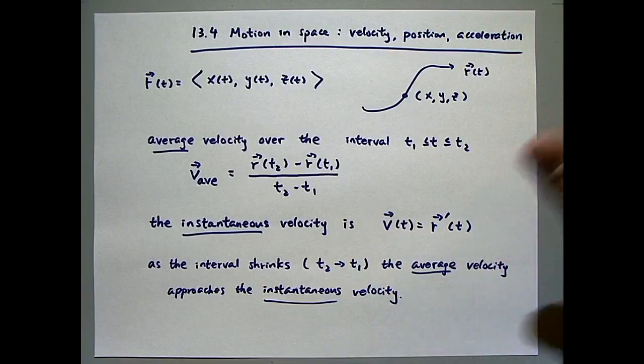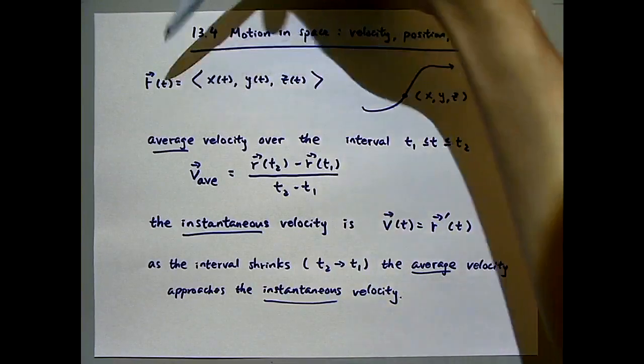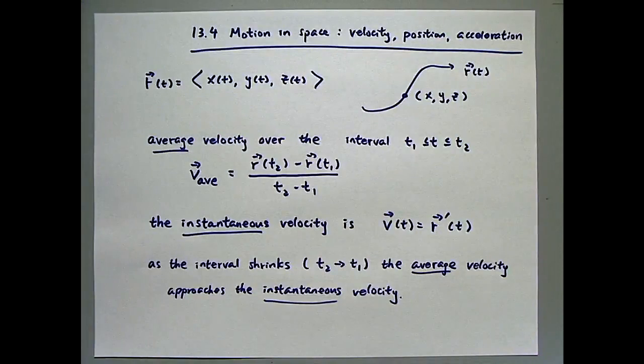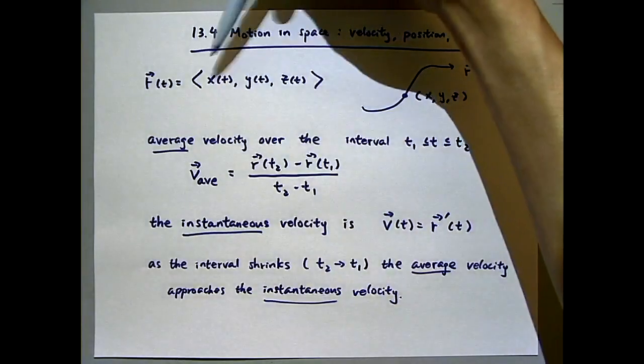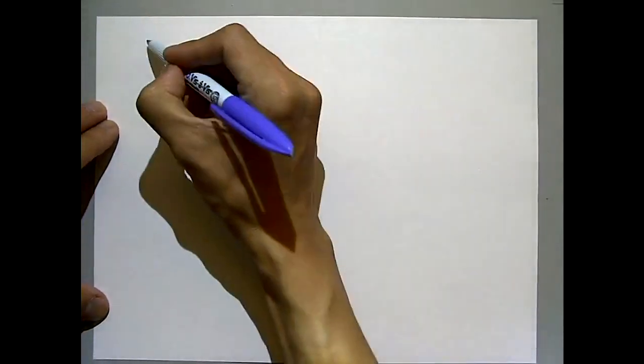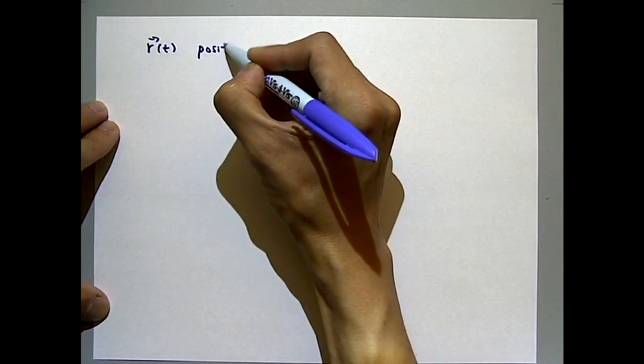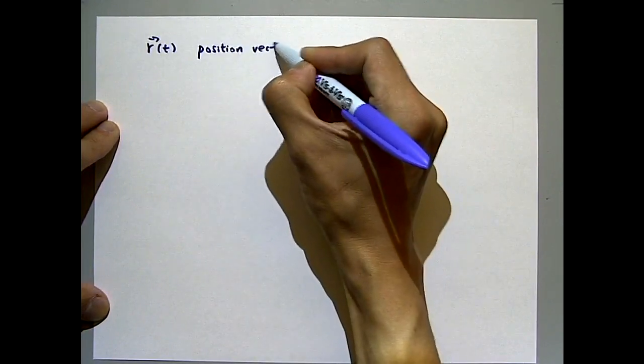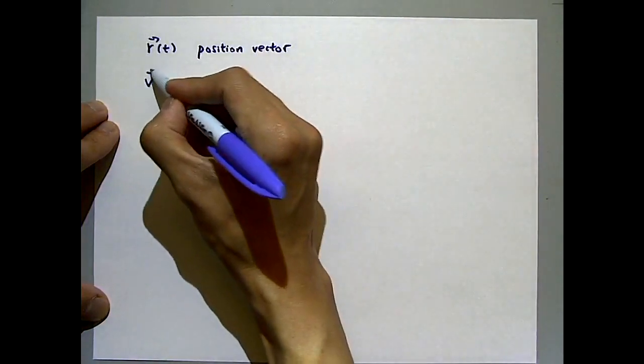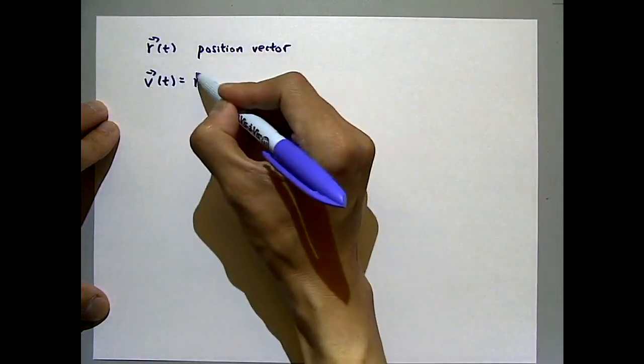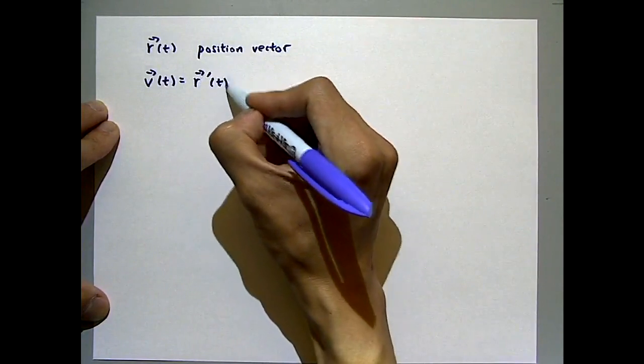So all of this stuff you already have seen. The only thing that really changes here is that we're dealing with vectors now. But we're dealing with a vector of scalar functions in each component. So R of t generally is the position. And the instantaneous velocity, or simply just the velocity, is the first derivative.